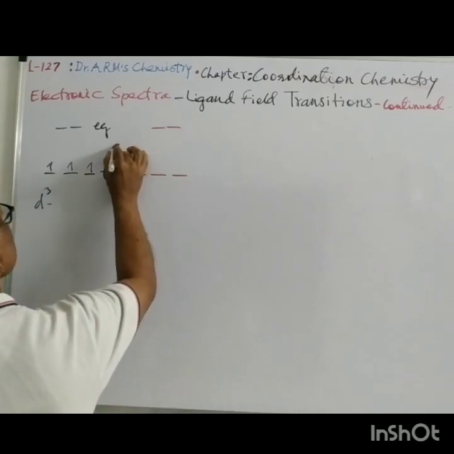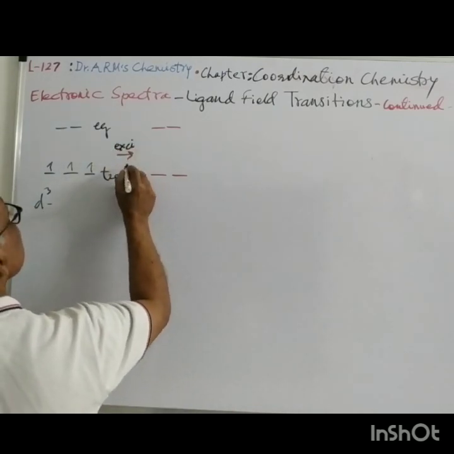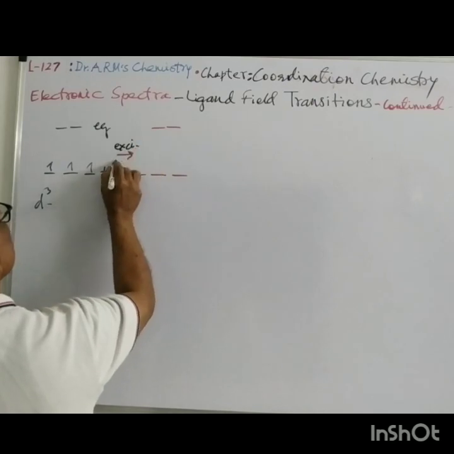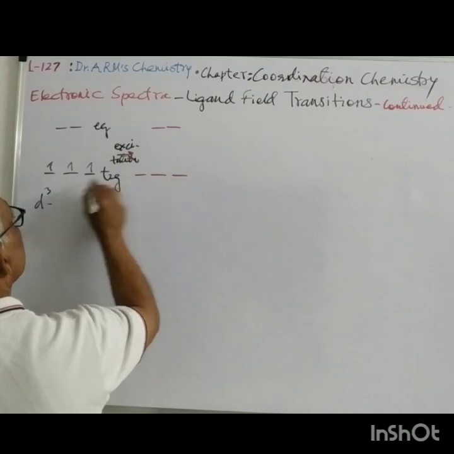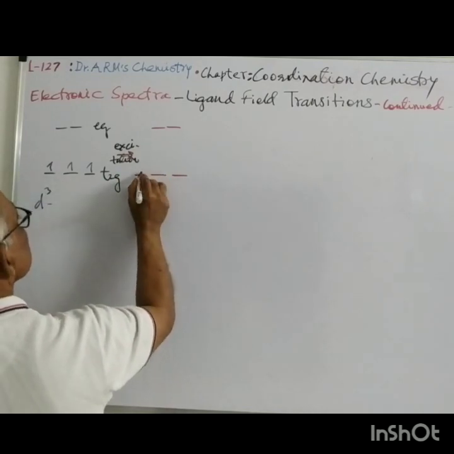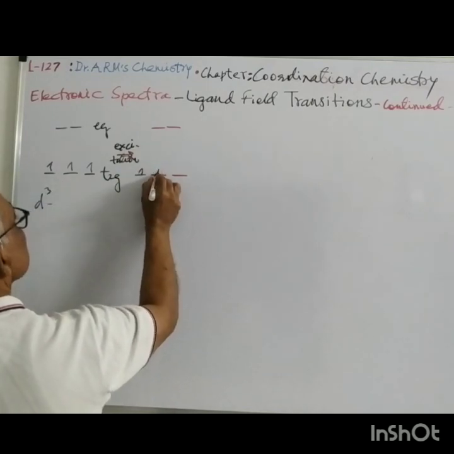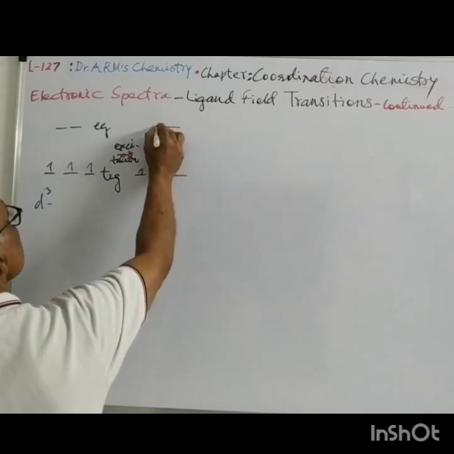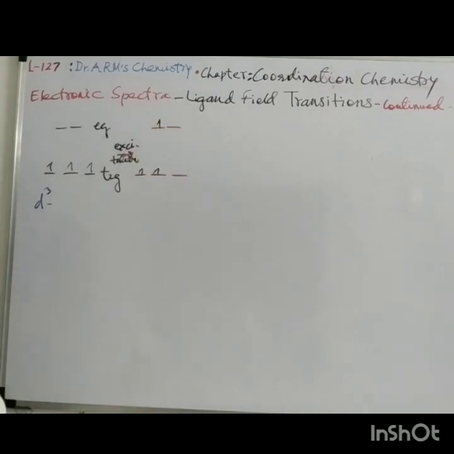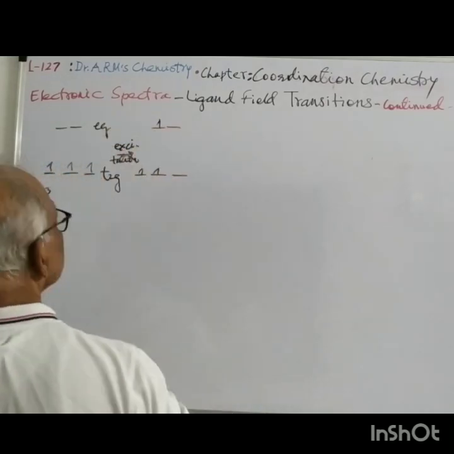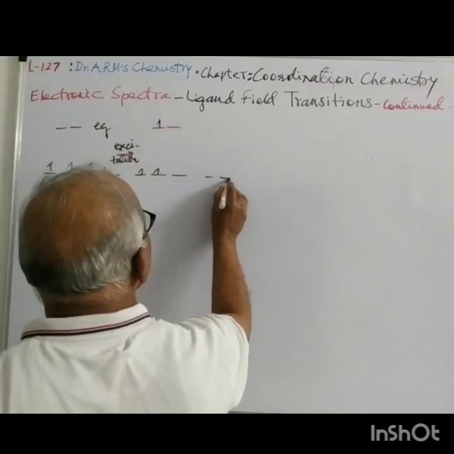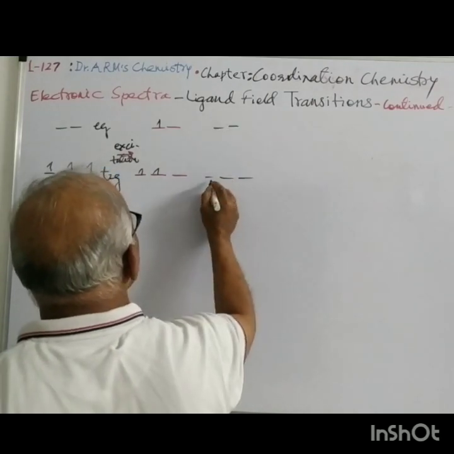After excitation, one of these electrons, say this electron, is moving to this eg orbital like this. So we can get the next situation, or alternatively we can have the distribution like this also.